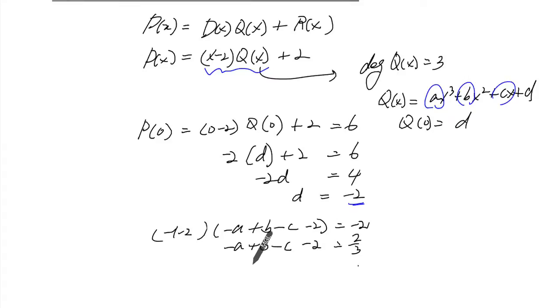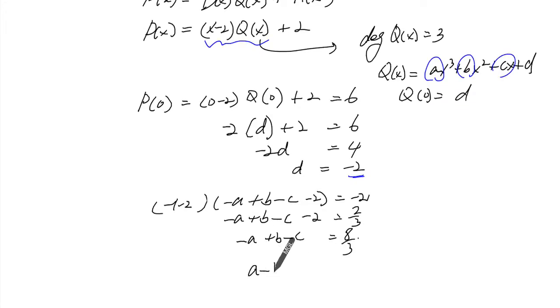And let's add both sides by 2. Negative a plus b minus c is equal to 8 over 3. So a minus b plus c is equal to minus 8 over 3. I just multiply both sides by negative 1. I'm going to label that as equation 1. So we have some kind of relationship between a, b, c.